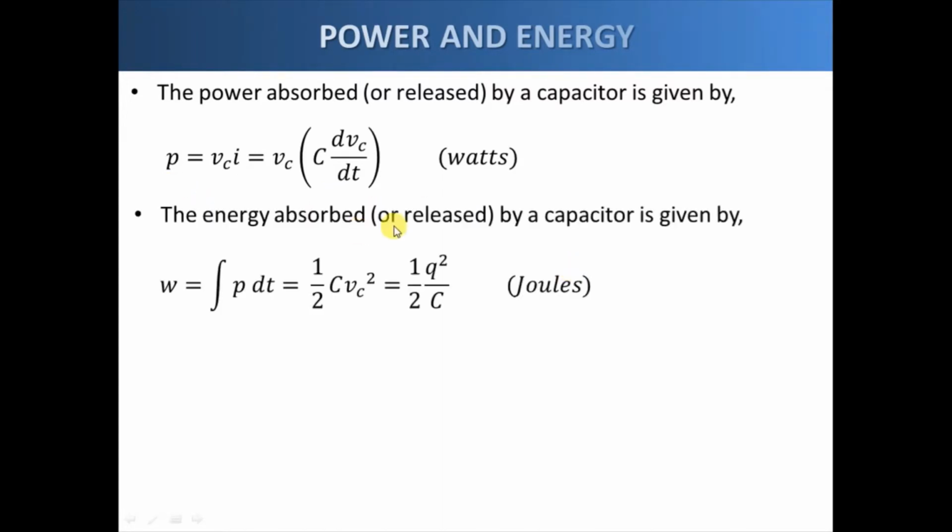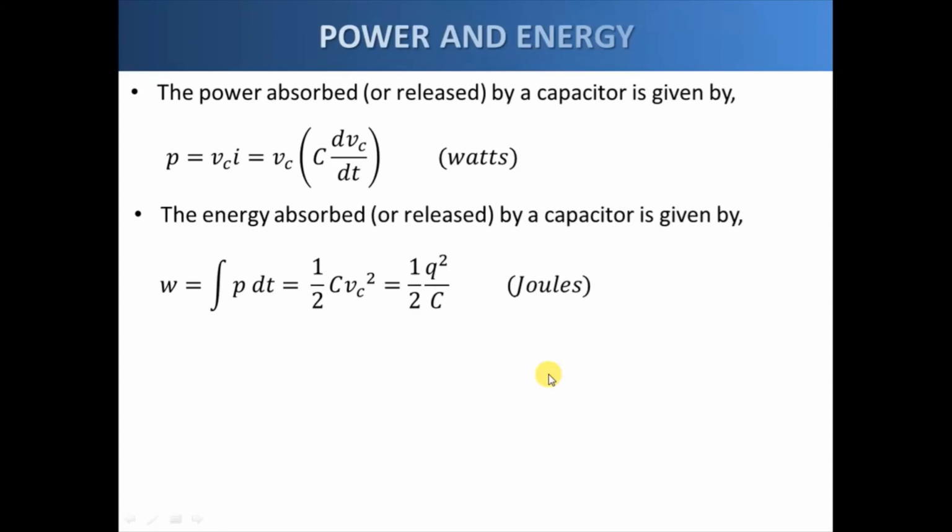The energy absorbed or released by the capacitor can be derived by simply integrating the formula for P dt. So since P is given by this one, we can plug it here and you will get 1/2 C V_C squared. And since we have the relationship Q equals C V_C, we can also express the energy absorbed or released by the capacitor in terms of the Q that is being stored by the capacitor.